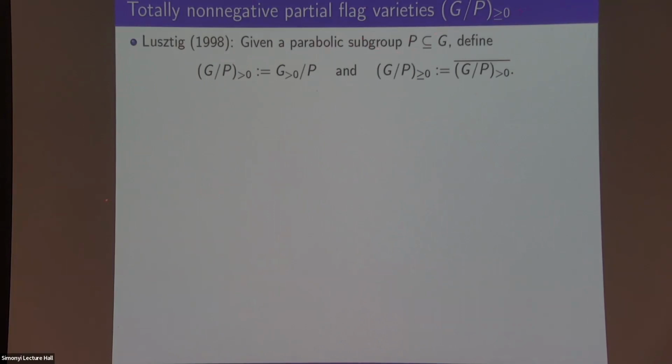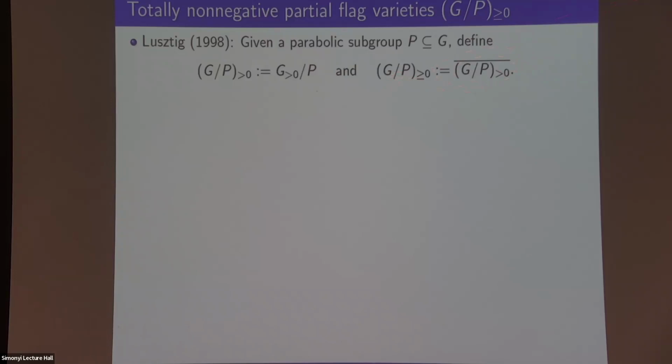And then the totally positive part of G mod P is just the image of the totally positive part of G modulo P. And the non-negative part is the Euclidean closure of that, which generally strictly contains the image of the totally non-negative part of G, which is one thing that makes this a lot more subtle to study.